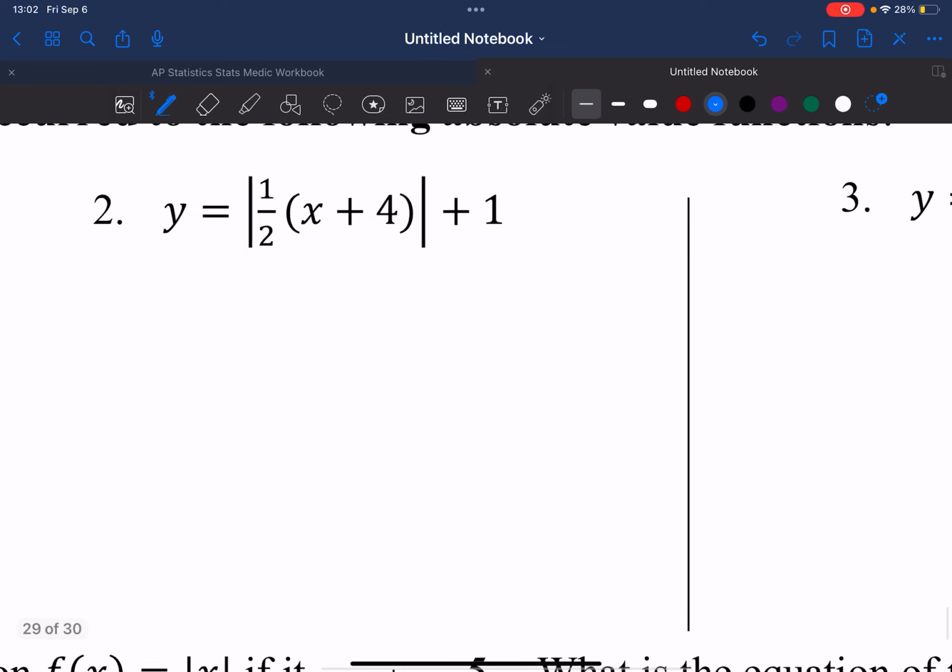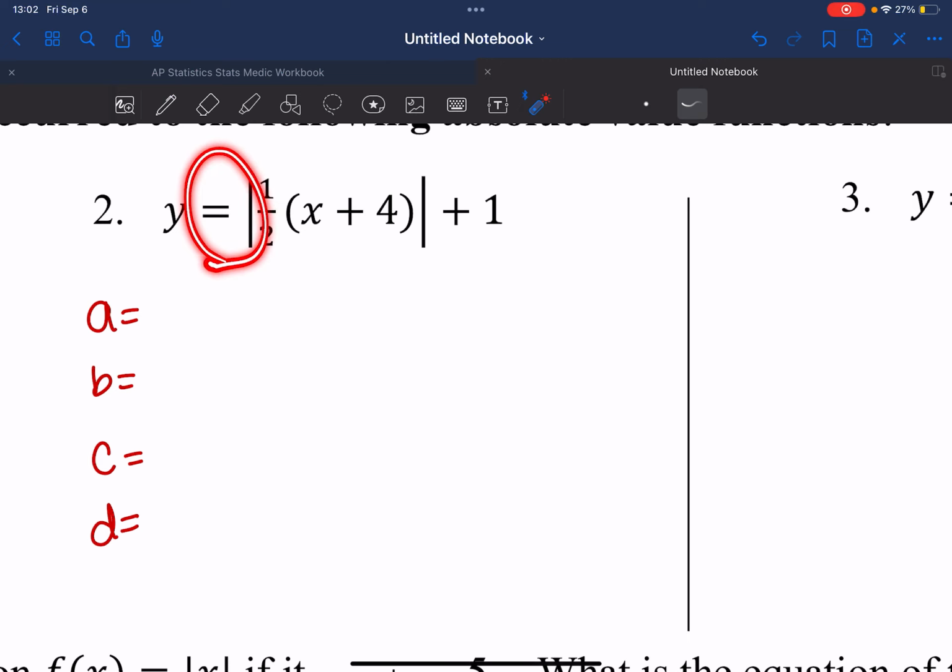So on number 2, we are going to again label our A, B, C, and D. Notice that there's nothing there for our A value. But we can't just write 0, okay? Because 0 times anything is 0, which means this wouldn't even exist.